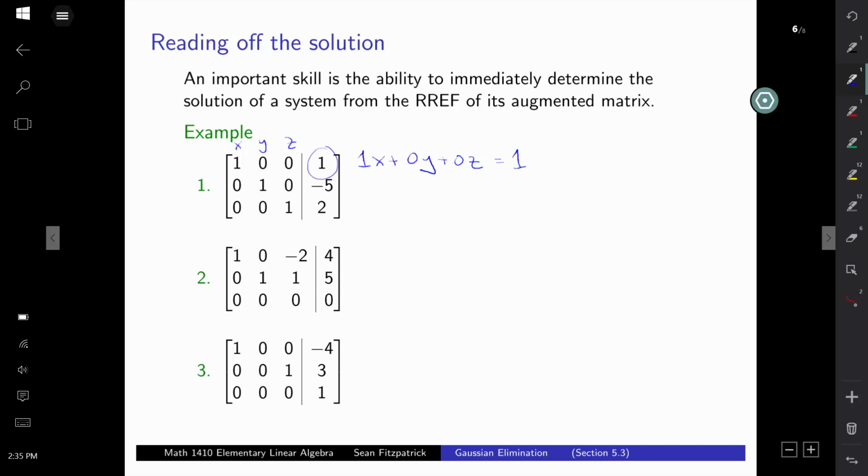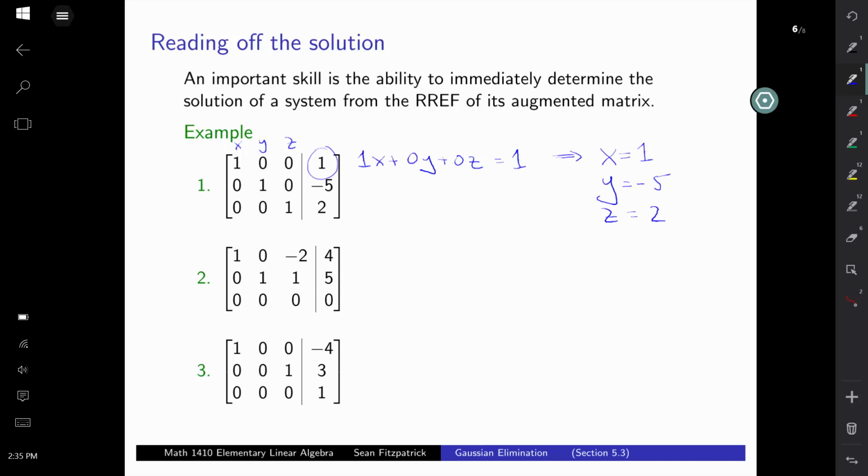Okay, well that's a very complicated way of just saying X equals 1. Right? The next row, similarly, 0x plus 1y plus 0z is minus 5. Y is minus 5. That last row, 0x plus 0y plus 1z, z equals 2. Okay, we've got our answer.